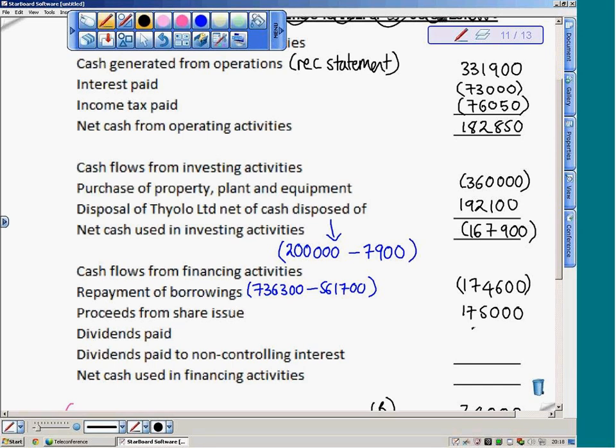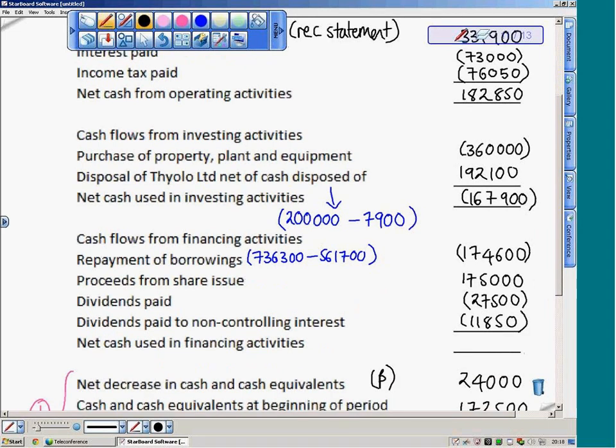Dividends paid by the parent, 500. And to the non-controlling interest, 11,850. So now, if you total all of that up, financing activities, it's a 38,950 negative outflow.